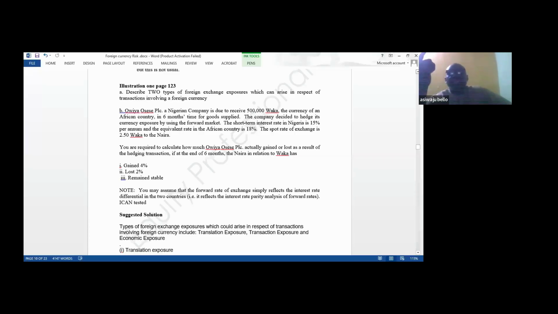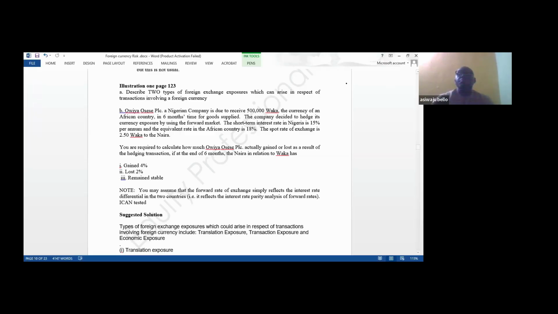Calculate the exchange gain or loss if, at the end of 6 months, the naira in relation to waka, one, has gained 4%, two, lost 2%, three, remains stable.